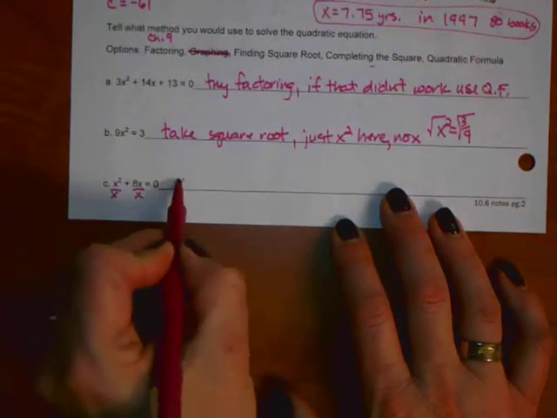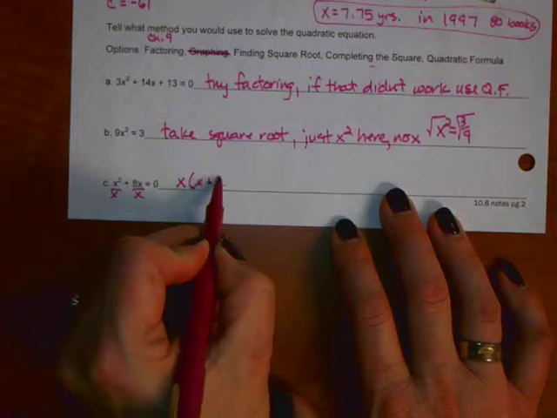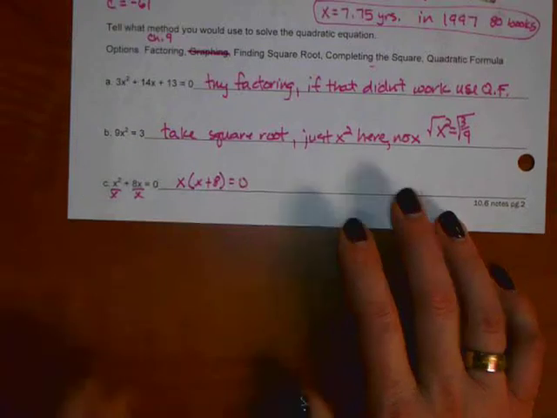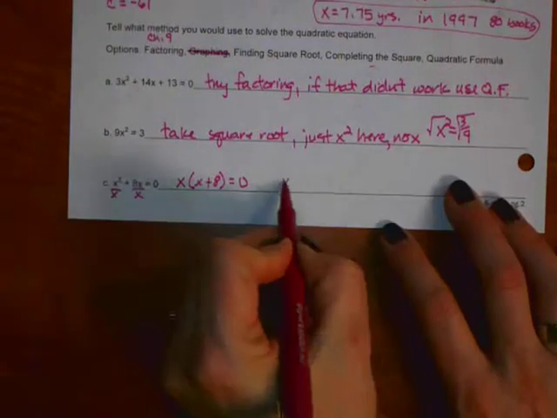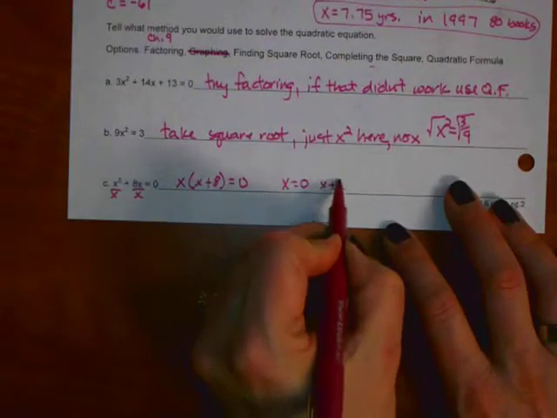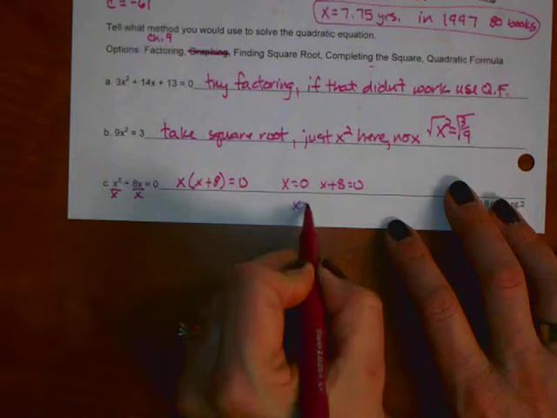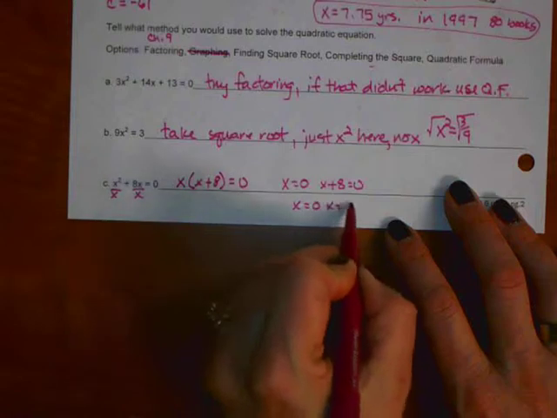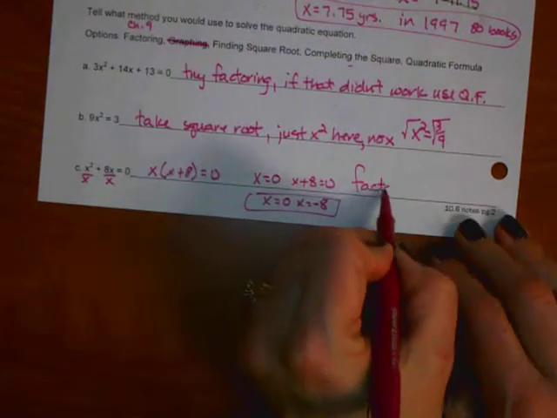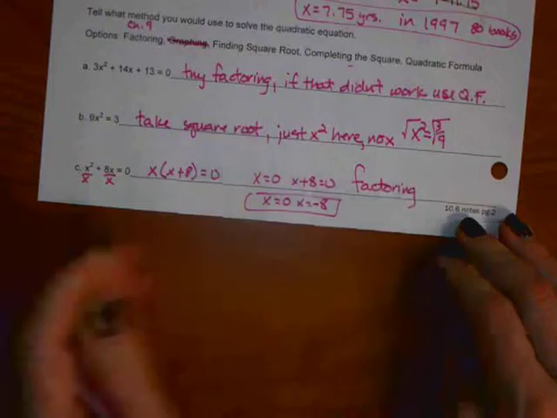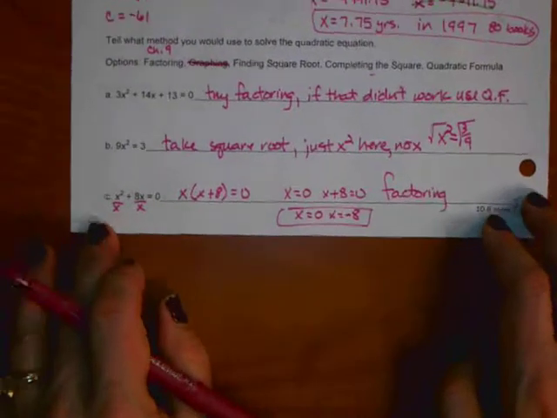An x, and you would end up with this. And then you've factored, and all you got to do is set each factor equal to 0, and you have your answer. x equals 0, x plus 8 equals 0, and then I would have this for my answer. So, this was factoring. You could complete the square too if you want to.